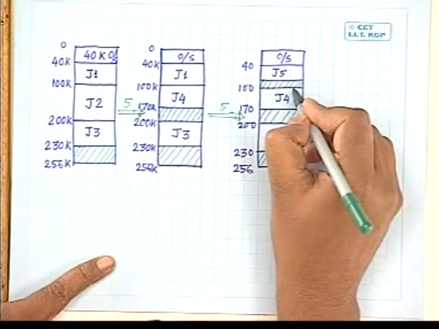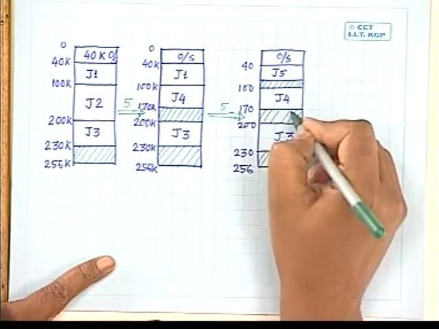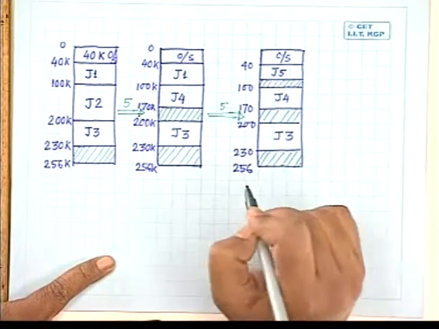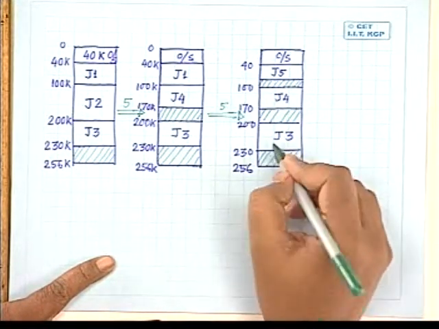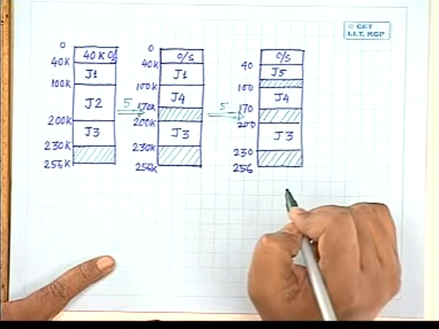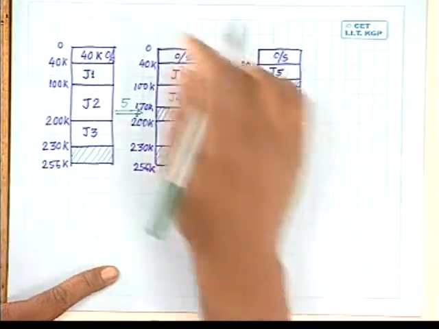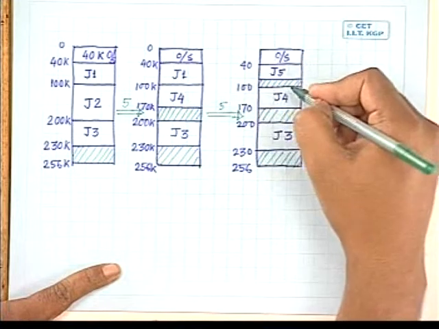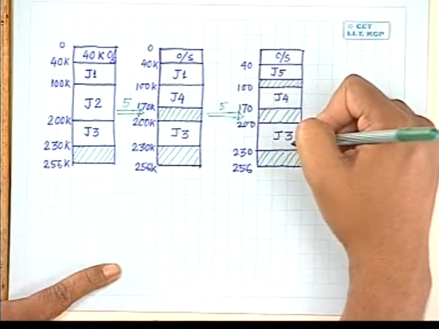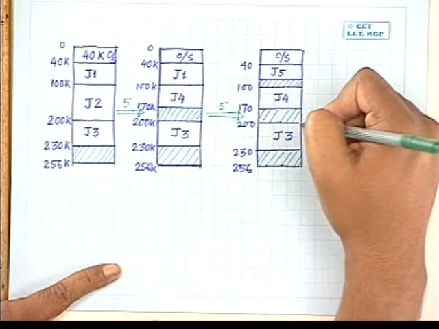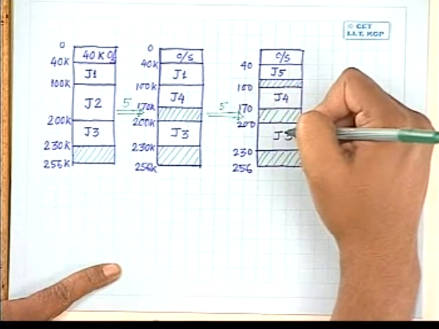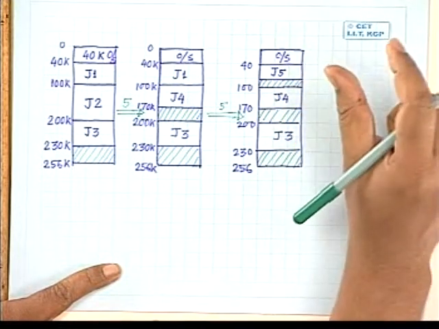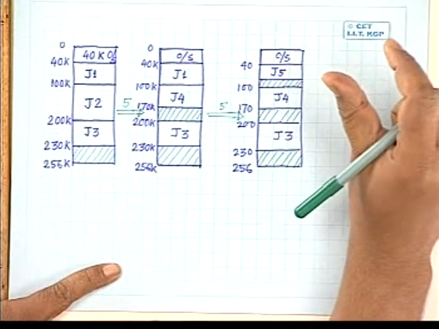Here I have 10K, here I have 30K, so 40K plus 26K, that is 66K. So total free memory available is 66K. The requirement of job J6 is 60K. But in this situation, I cannot put job J6 in the main memory because I don't have 60K amount of memory contiguously available.